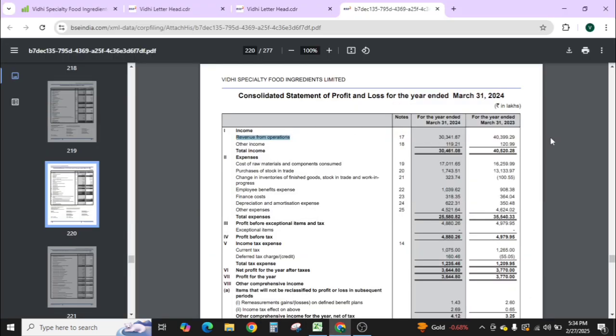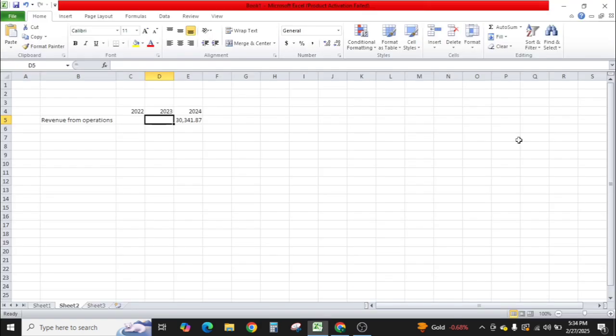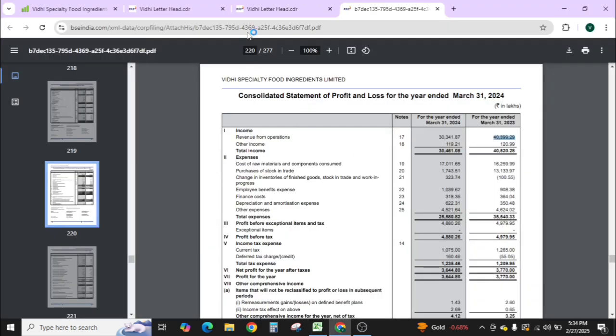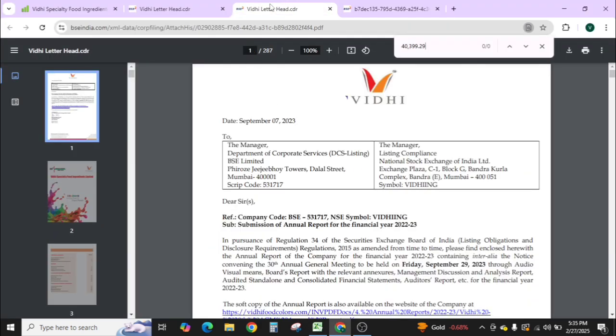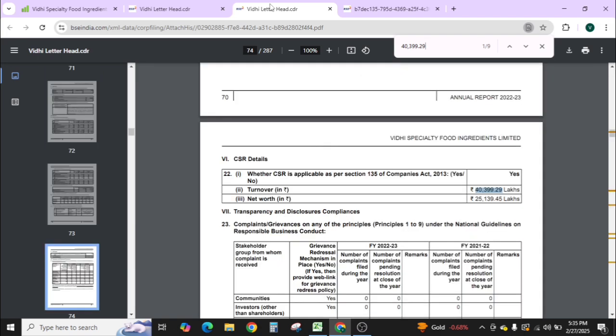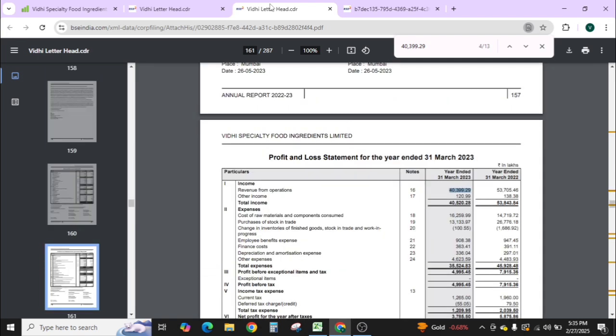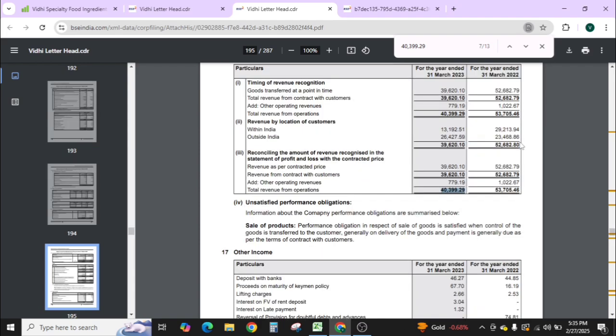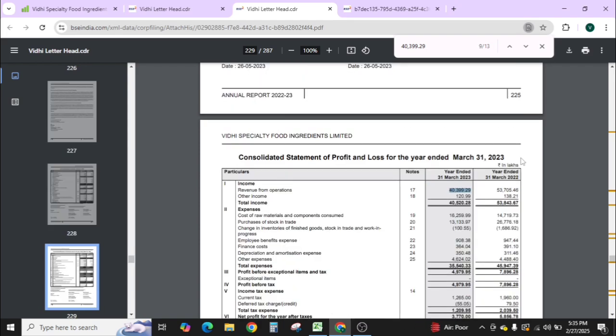For FY23 it is this. For FY22 we will take the number from the FY23 report.